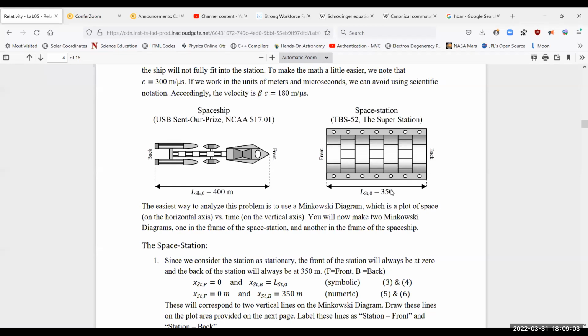As a matter of fact, if I follow the length contraction, this station should be smaller in size. So it's going to be less than 350, about 320 something, okay? So the station is actually smaller. But if I calculate the event when the back of the ship crosses over the front of the station, I will see that this event happens before the front of the ship crosses the back of the station.